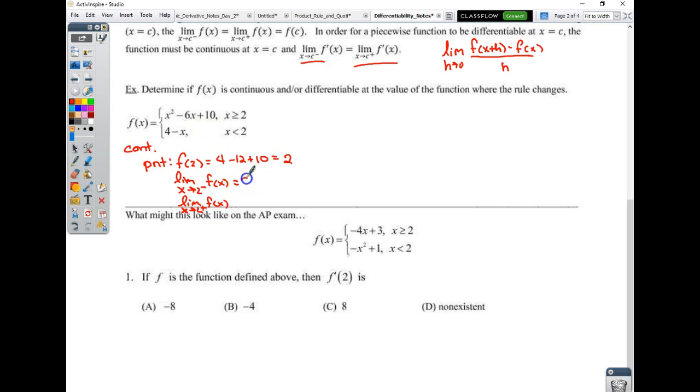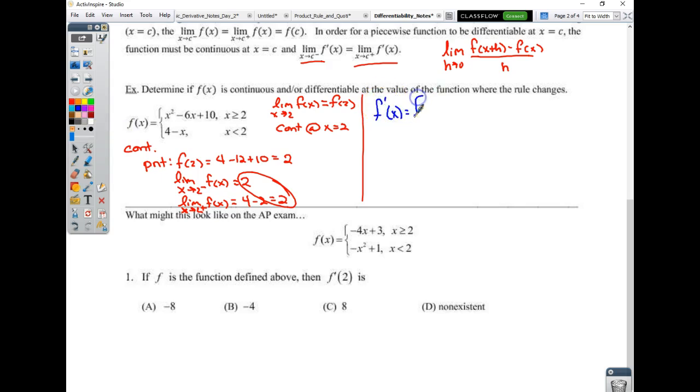From the left, that's still going to equal 2, and from the right, we would have 4 minus 2, which is 2. So the limit exists, and the point and the limit are the same. Since the limit as x approaches 2 of f of x equals f of 2, we can say it is continuous at x equals 2.